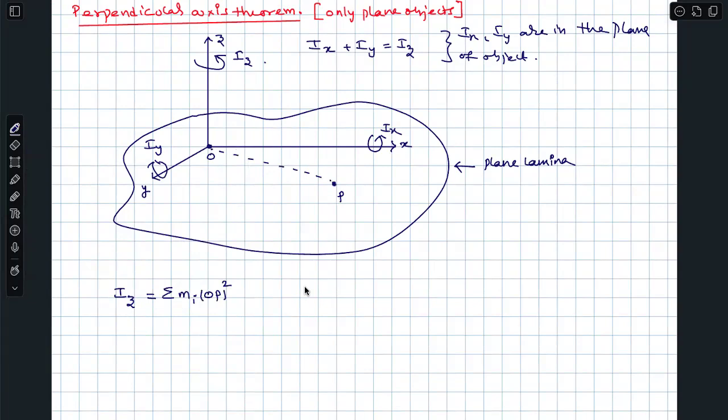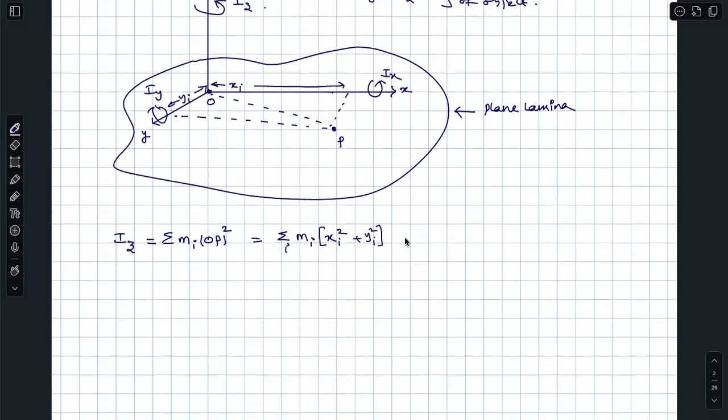Agreed? This is nothing but sigma i mi. This is xi. This is yi. Yes or no?